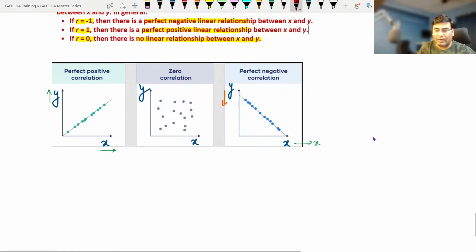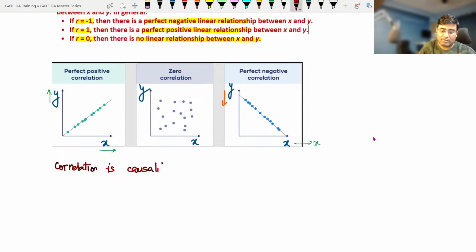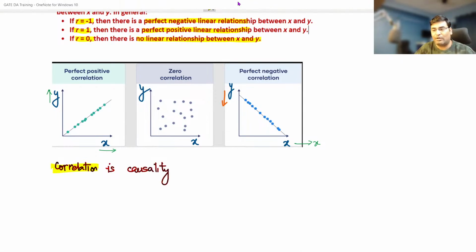Many times I would like to caution my dear learners that people think that correlation is causality. That's food for thought. There are two words: correlation I've explained, causality you have to work on.